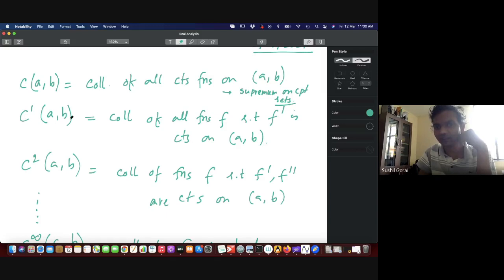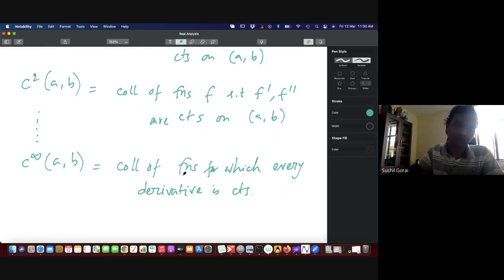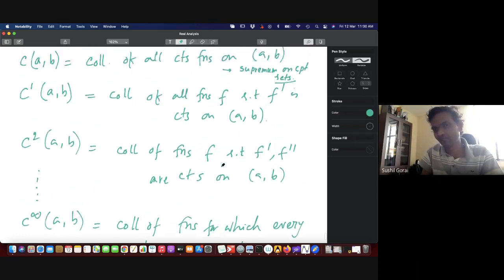Here you take not just the supremum of f on compact sets, but also the supremum of the derivative on compact sets. You take the supremum of f, of f prime, and of f double prime on compact sets of (a,b), on every derivative.